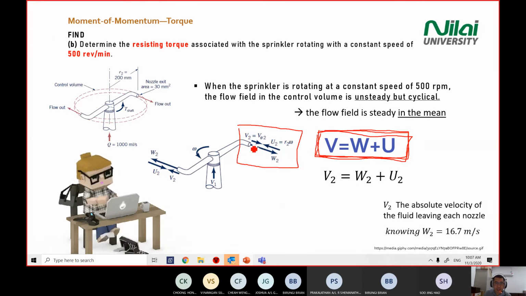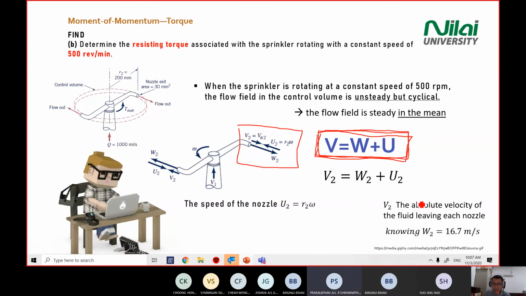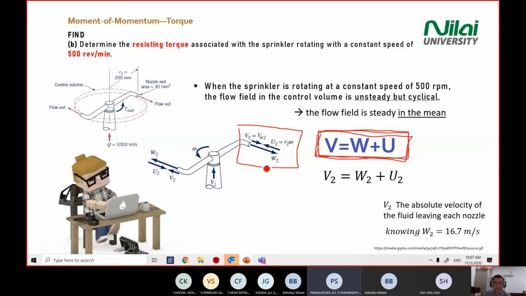W2 is the relative velocity. This one we will always look at the water, the flow motion. So in this case, we assume it follows the flow direction. So the absolute velocity and the relative velocity are the same direction also, we assume. Yeah, okay.